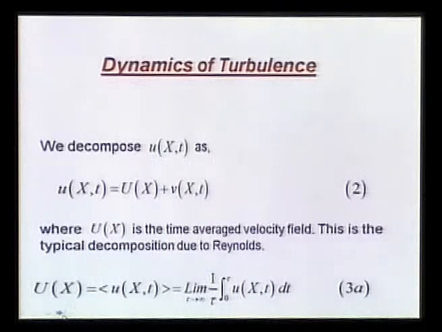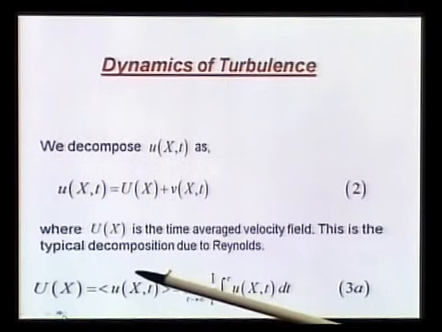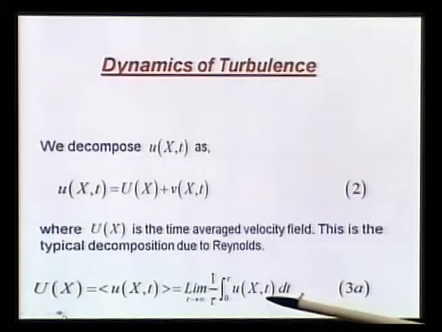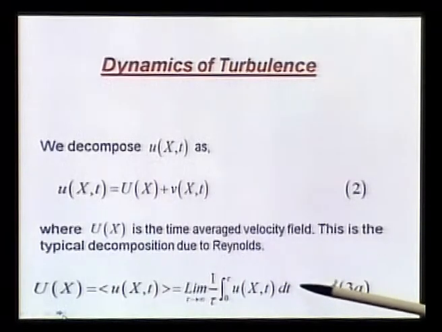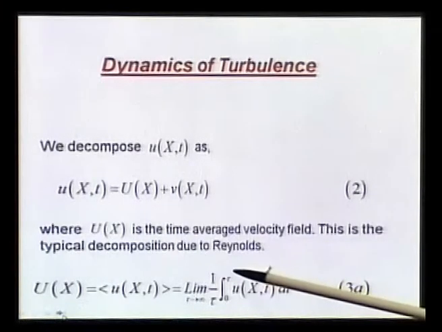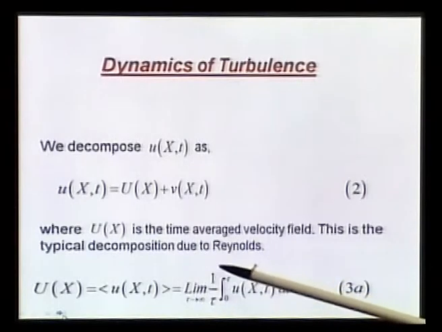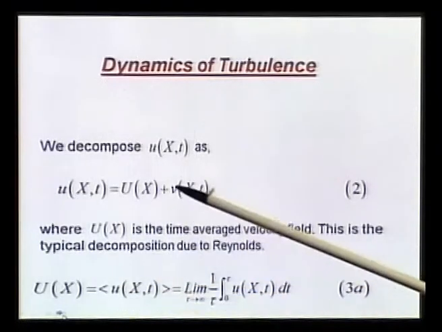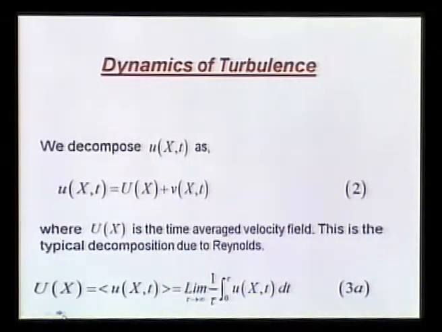So, when we are talking about a time averaging operation, this essentially is indicated by this angular bracket. That would involve you take the signal here, integrate over a large time, and of course, you divide by the time span, and in the limit tau going to infinity, whatever you get, that is what you are calling as capital U of x.